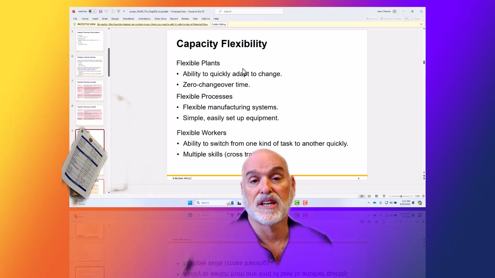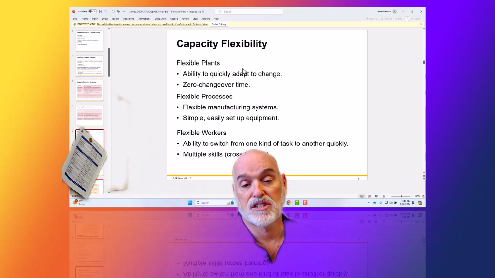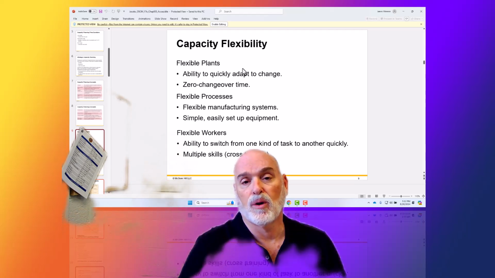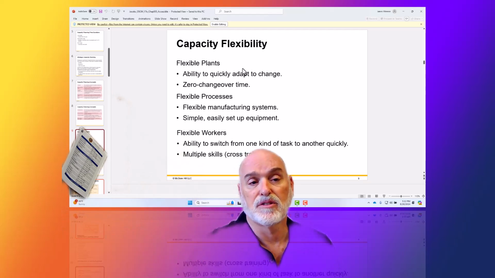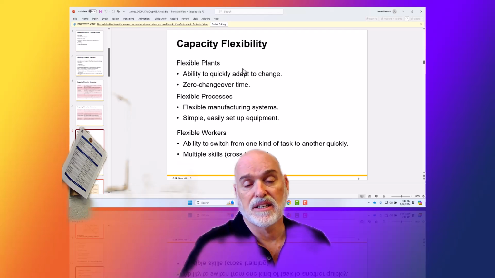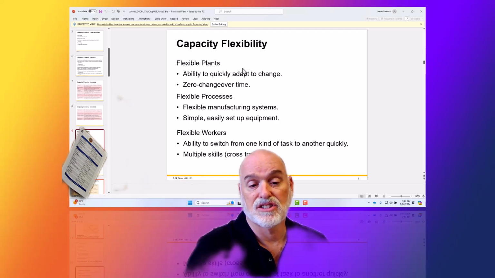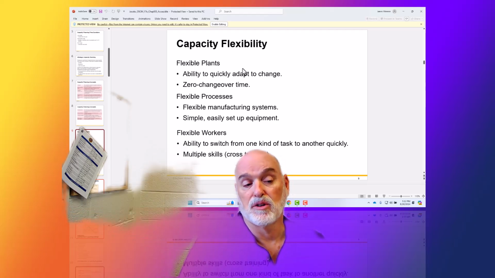These staff should have multiple skills so that they can be cross-trained. Remember, cars change. Automobile manufacturers change cars every year, so they have to shut down assembly and modify and change their manufacturing processes to handle a brand new product.